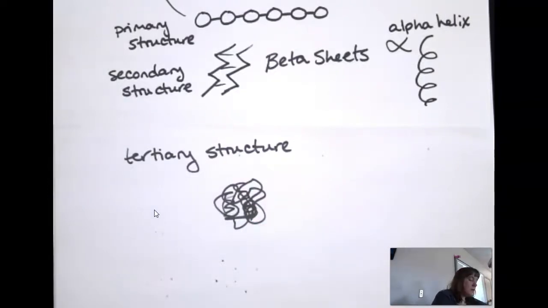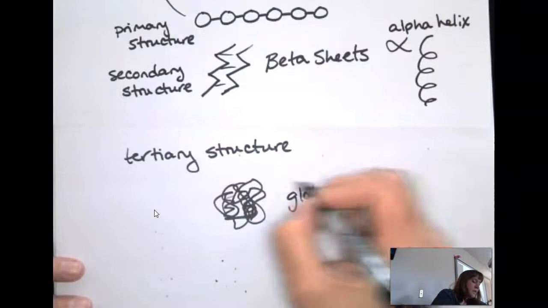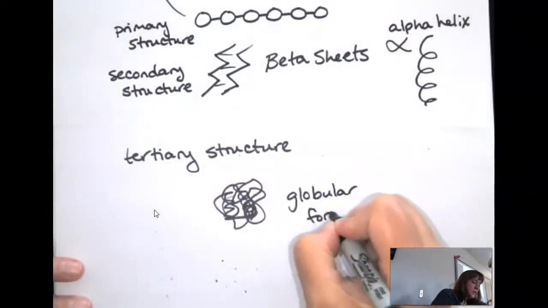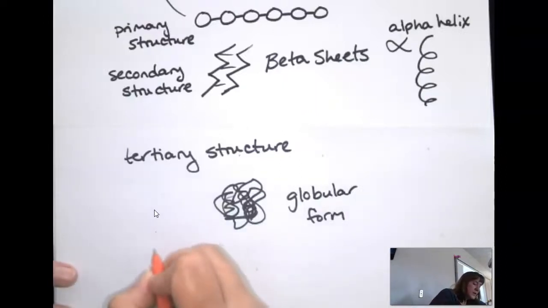So this is the third layer, a sort of globular form. Now, this would be considered one section of DNA, one gene coded for this protein. If we have multiple genes coding and working together to perform a similar function, it would be quaternary.